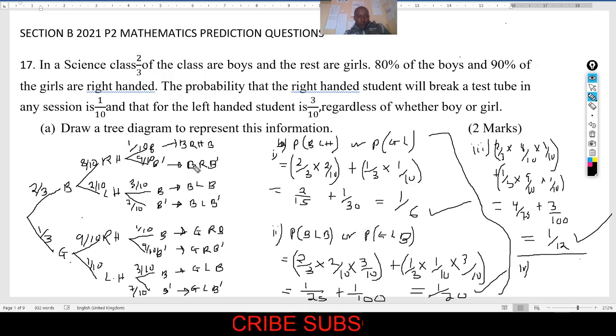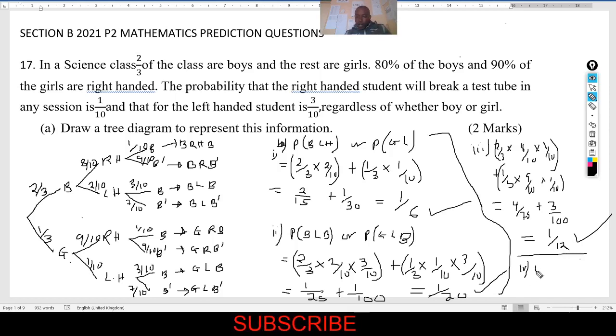You add the boy left-handed and the boy right-handed not breaking, and also the girls. In simple terms, we have found the one for breaking, whether right or left. Now we add this and this one, you subtract from 1, and you get the probability of a test tube not being broken in 9 sessions.